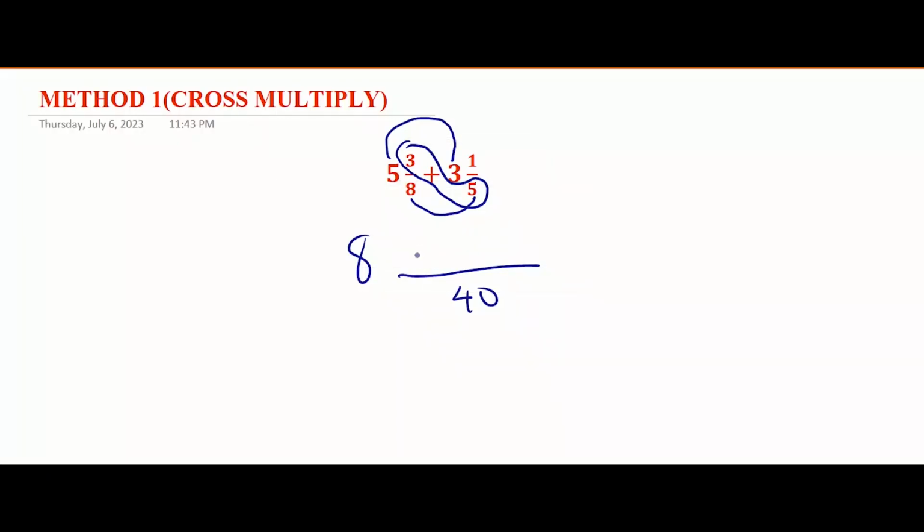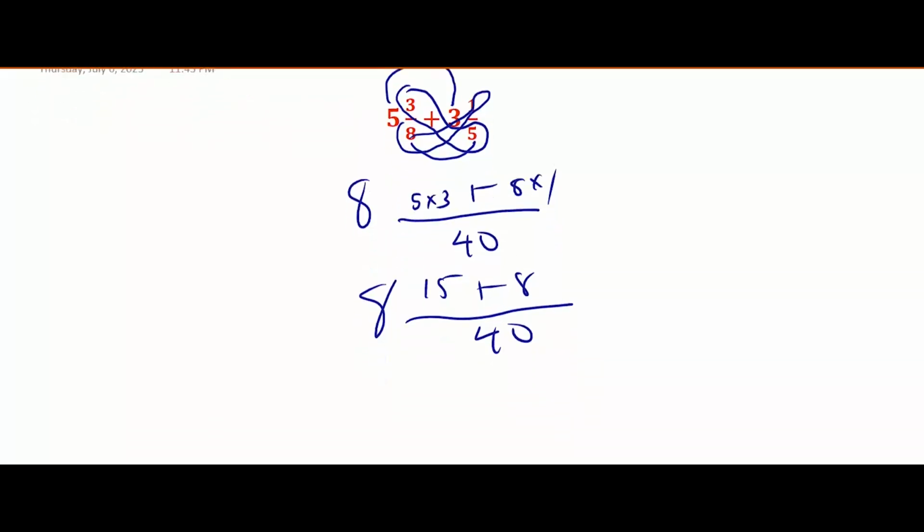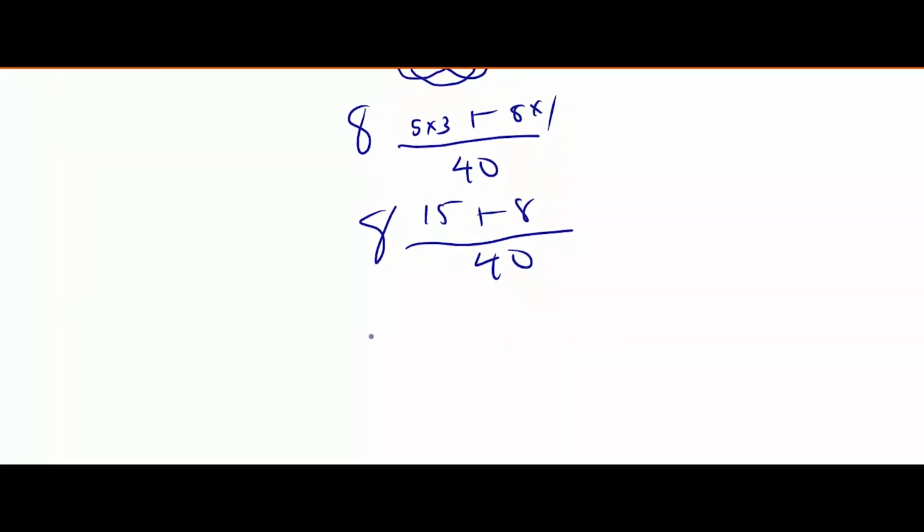So we have 5 by 3. Then add. Then we need to multiply 8 and 1. Okay, so it will be 8 by 1. So that gives 8 whole, 15 add 8, everything over 40. So if you scroll down a little bit, we have 8 whole 23 out of 40. So that will be our final answer.